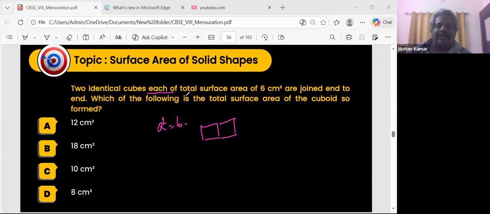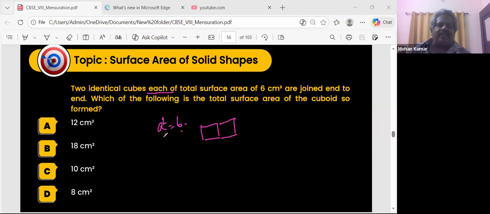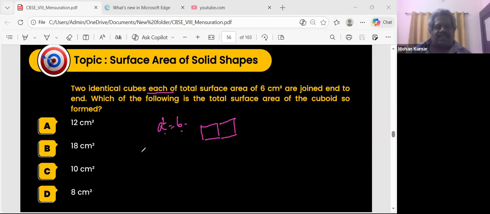We have two identical cubes, each of total surface area 6. So a square equals 6 for one cube. So each side equals 6 or the whole cube surface area is equal to 6? Each of total surface area. Oh, they have given the total surface area. So 6a square equals 6.